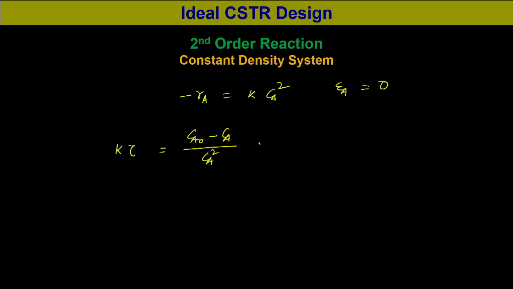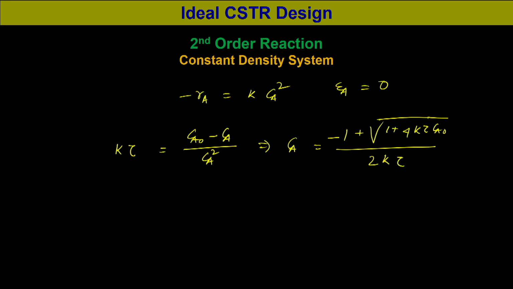So, from here we can write Ca would be equal to minus 1 plus root over 1 plus 4 K tau Ca naught divided by twice K tau. So, this is only taken the positive part, as you know the concentration can never be negative.